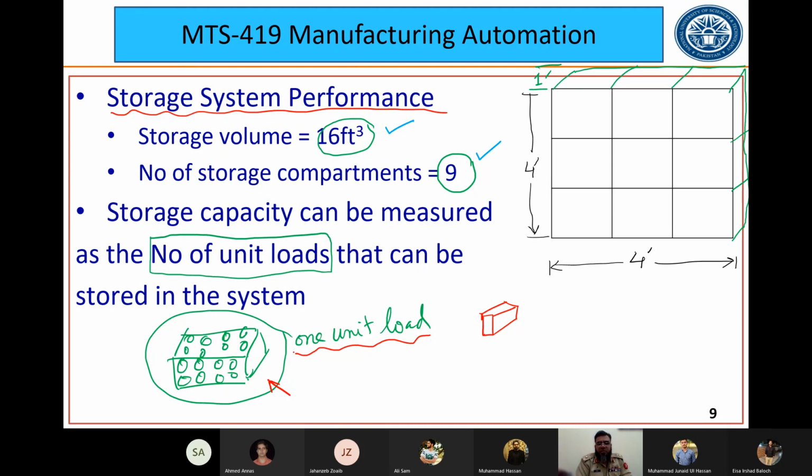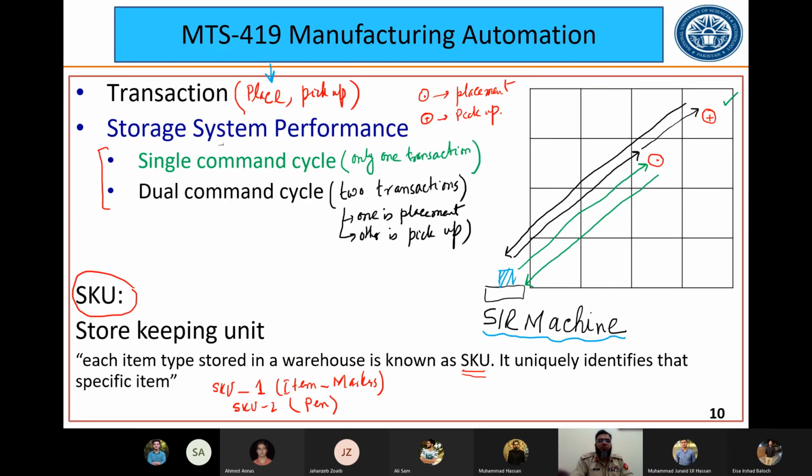So this one packet is going to become 1 unit load, and for this we will be using the terminology called pallet. So a pallet is something in which a number of items are packed together and made one packet or one item. So this is called a pallet, and this will also be termed as a unit load, as we are talking in terms of storage systems.